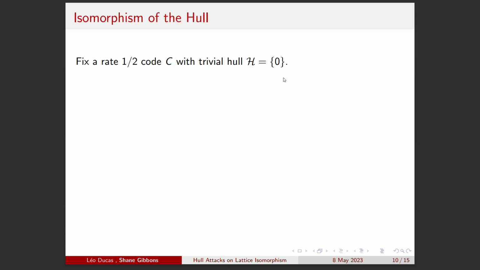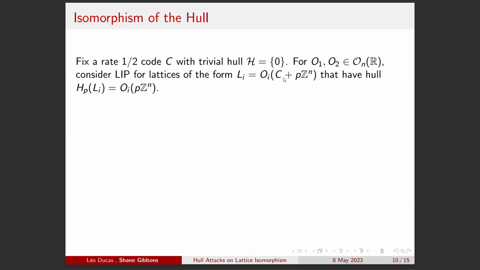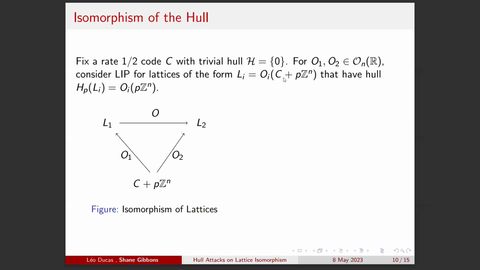So the instance of isomorphism that we'll solve is this. Given a construction A lattice from a code, and given two rotations of this, O1 and O2, we have two different lattices, L1 and L2, given here on the top left and top right, and we know they are isomorphic to C + pZ^n, even though we don't need to know what C is here.